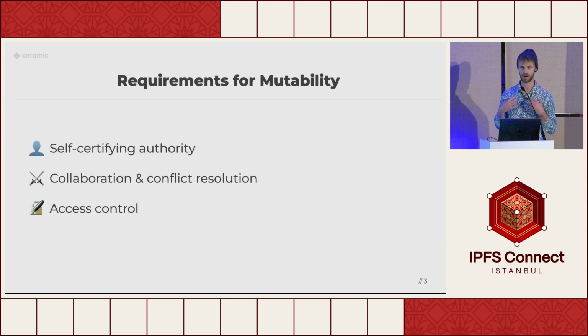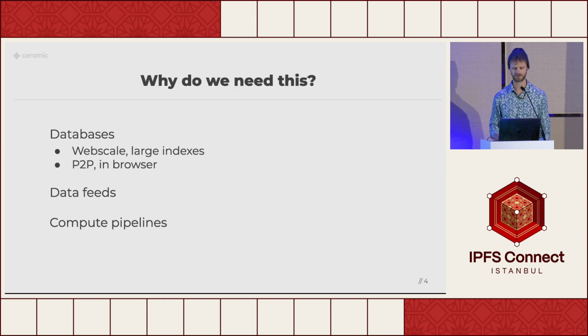For example, if I author a piece of data and send that to you, you can cryptographically verify that it is actually coming from me directly. It would also be nice if we can do collaboration and conflict resolution on top of this mutability system. And finally, access control, so that we can control who can update and modify certain objects.